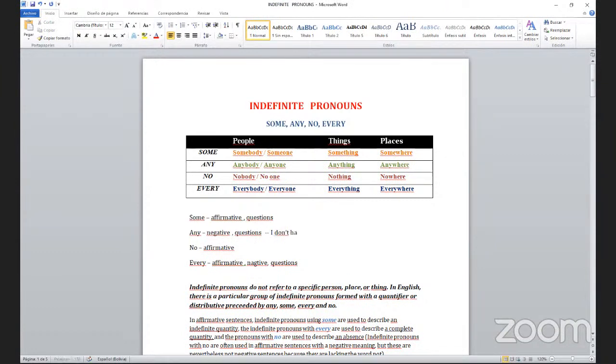But with no, always affirmative. I have nothing to eat, for example. This is the difference, okay? But in meaning, they are the same. The same happens with some, only with affirmatives, and any, only with negatives, okay? That is the only difference.